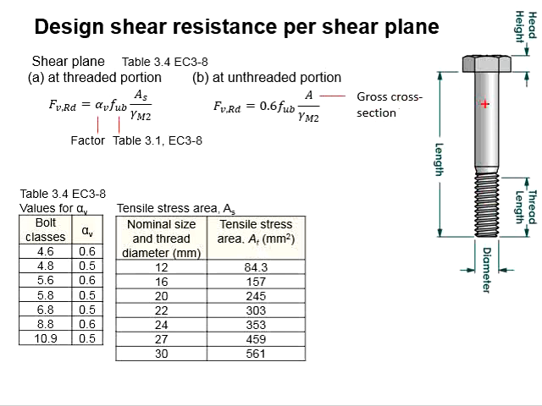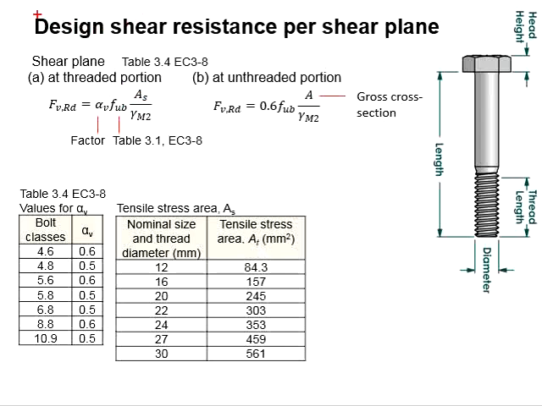The area of the unthreaded portion is known as the gross cross-sectional area, which is symbolized as A, while the area at the threaded region is known as the tensile stress area, which is termed As.